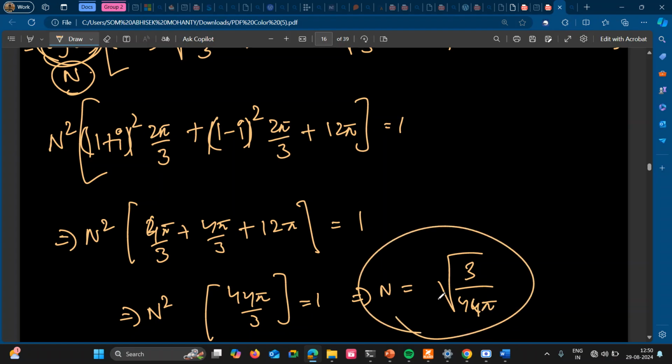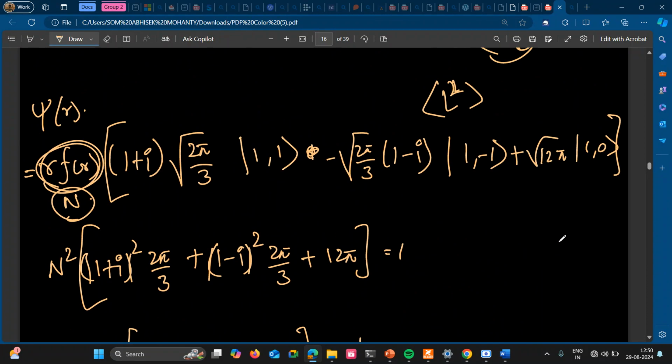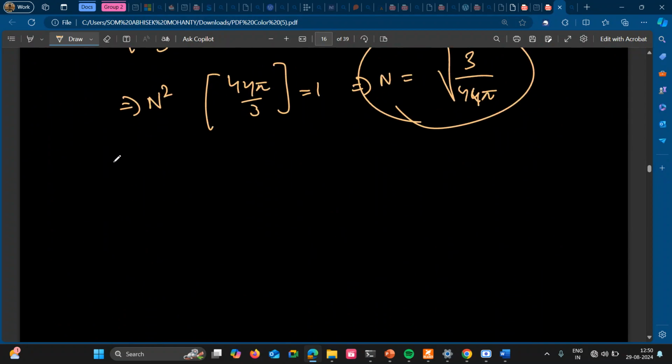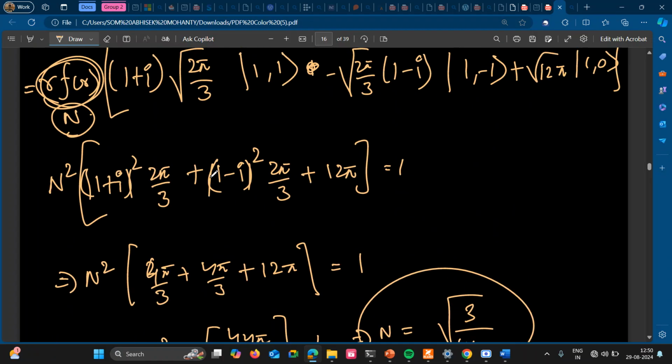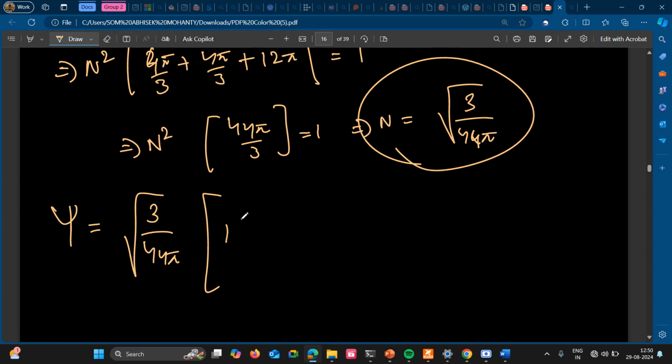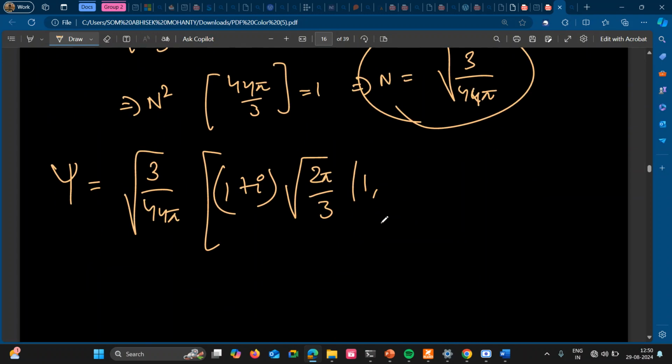This is the normalization constant. So let me write it again. This whole thing, psi becomes root over of 3 by 44 pi, 1 plus i root 2 pi by 3 y11. Is it correct?